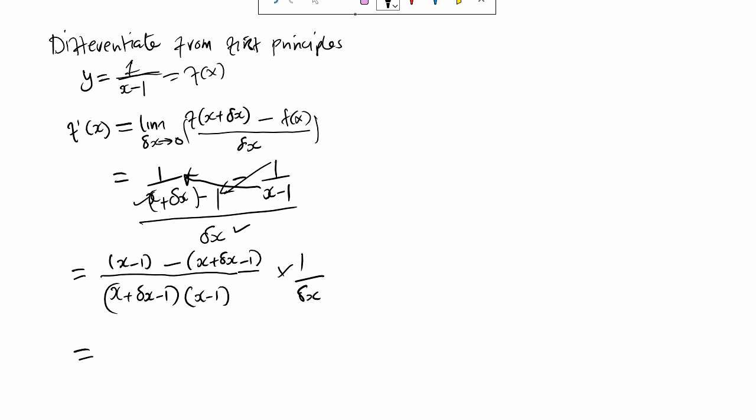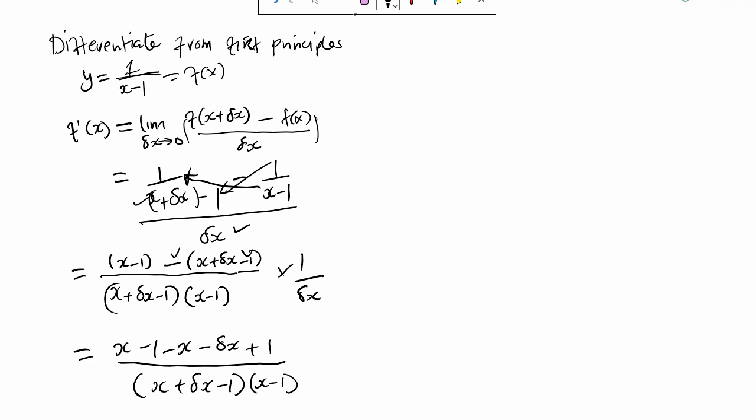Now I can simplify this further by opening the brackets in the numerator, and I shall have x minus 1 minus x minus change in x, and then plus 1, because negative and negative becomes a positive, everything over x plus change in x minus 1, and multiply by x minus 1, and of course multiply by 1 over change in x.